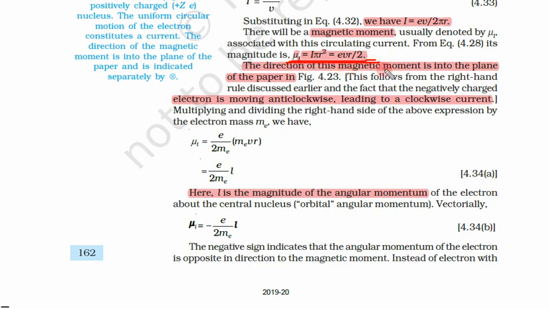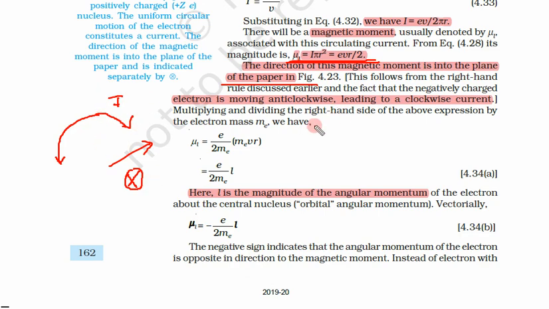The direction of this magnetic moment is also in the plane of the paper. That we have already seen. If the electron is moving like this, current will be moving in this direction. Current is in this direction, I is in this direction. So what would be the direction of this magnetic moment or magnetic field? Inside the plane of paper, or we show it by a cross.